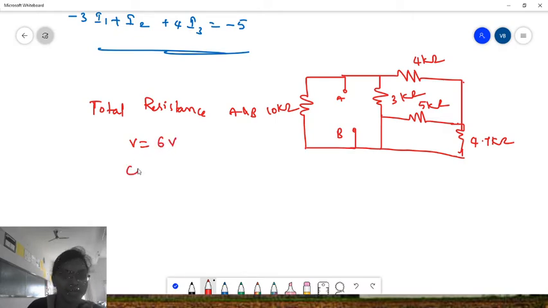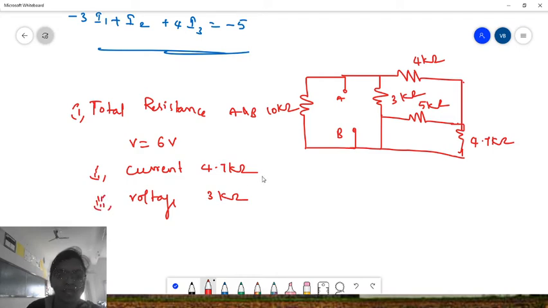So calculate the current through the 4.7 kilo ohm resistor and the voltage across the 3 kilo ohm resistor. So we need to calculate three things. First one is the total resistance, second one is the current through the 4.7 kilo ohm resistor, and next one is the voltage across the 3 kilo ohm resistor.